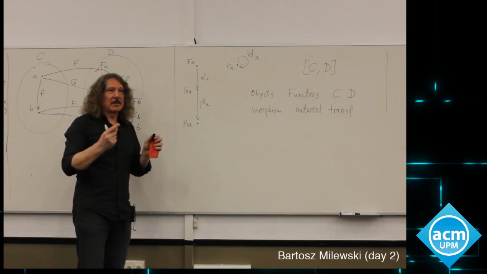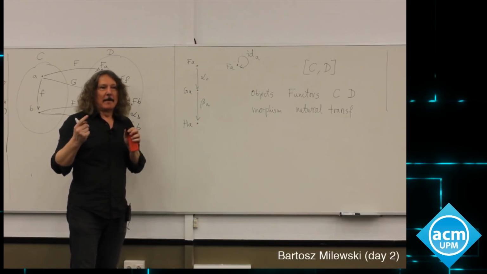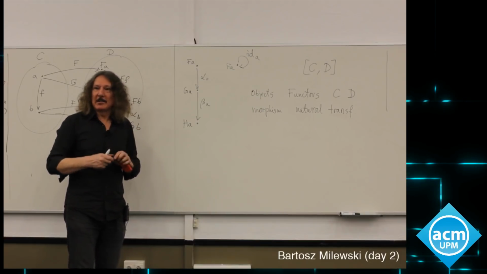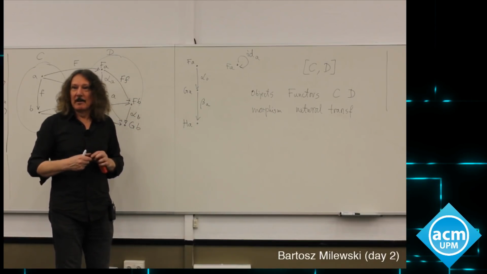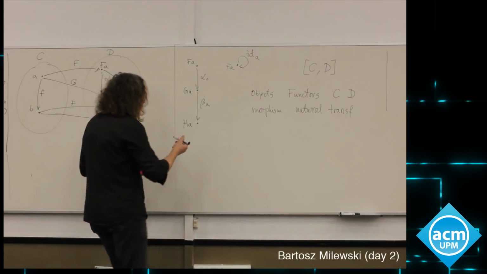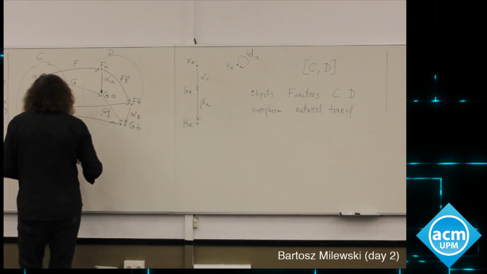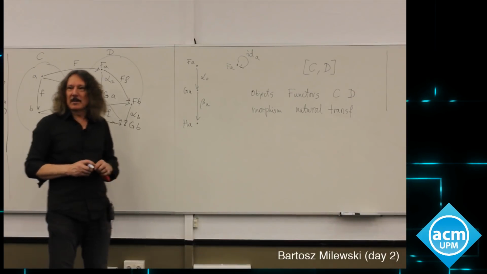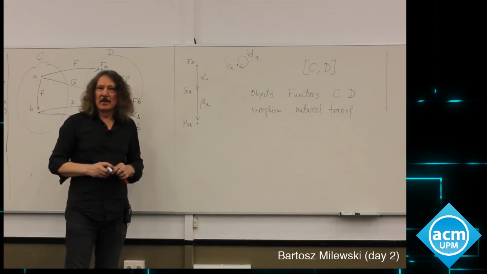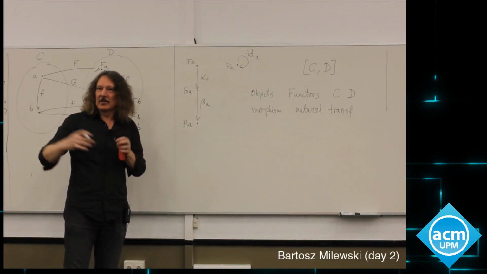we have a functor category. But did I mention that functors also compose? What's a composition of two functors? Well, you just compose them on objects, and you compose them on morphisms. So you can take a functor after a functor.